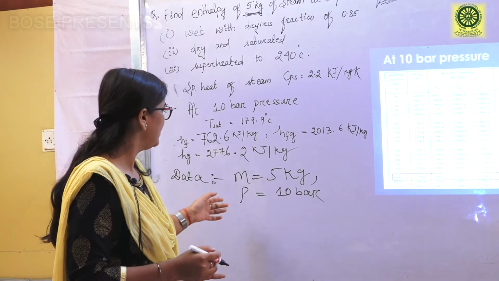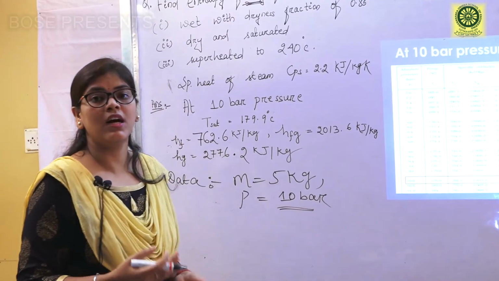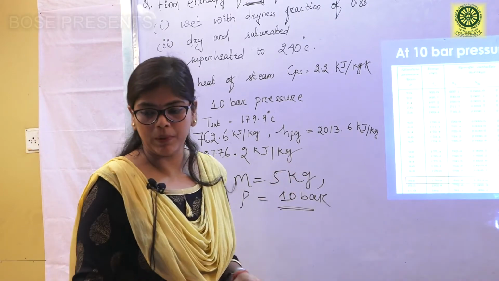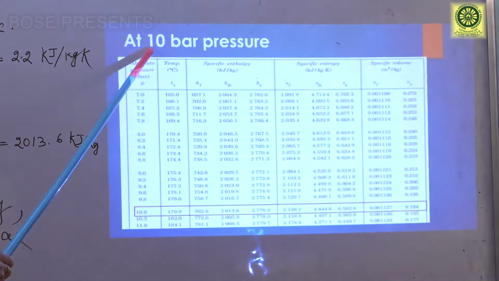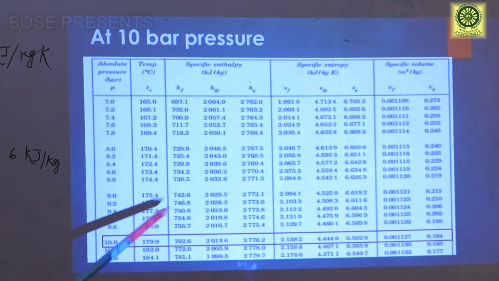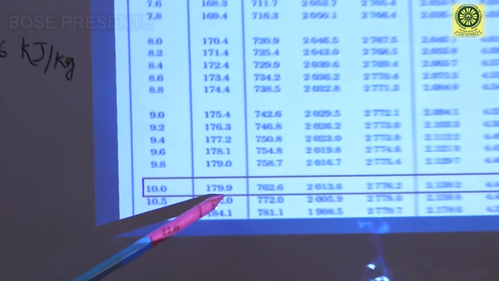Before that, you should find out at 10 bar pressure what the values are from the steam table for the different properties. See here, for 10 bar pressure the saturation temperature is 179.9 degrees centigrade.